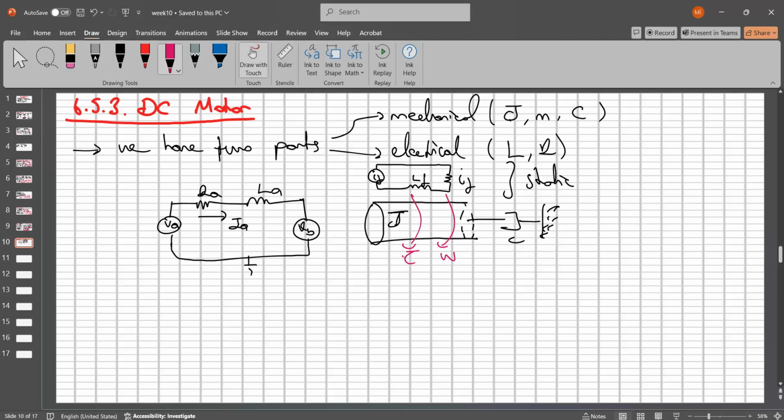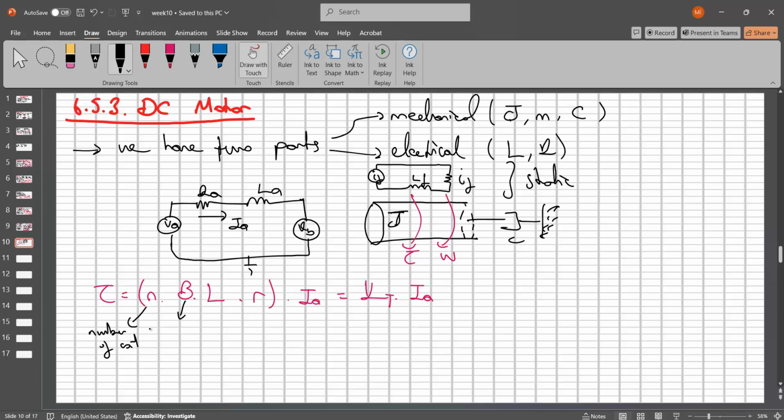We should create the torque based on the electrical current, and the formulation of these terms is equal to N B L R times IA, which is equal to KT times IA. What is the N in here? Number of armature coils. Number of coils.